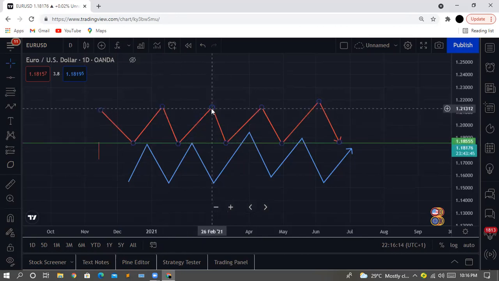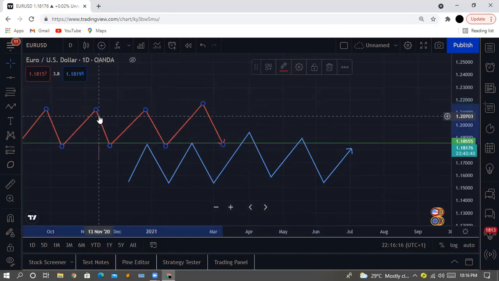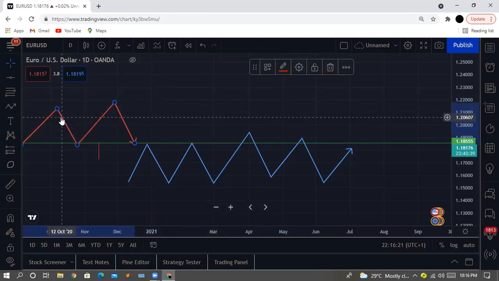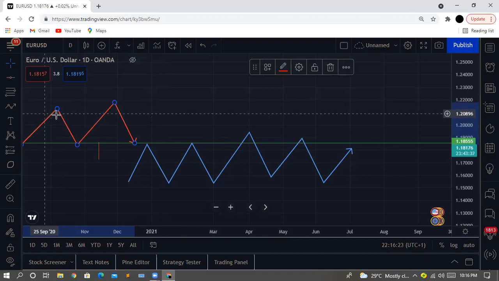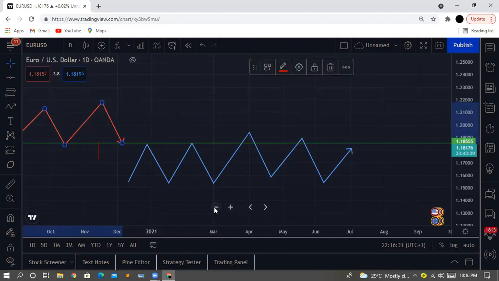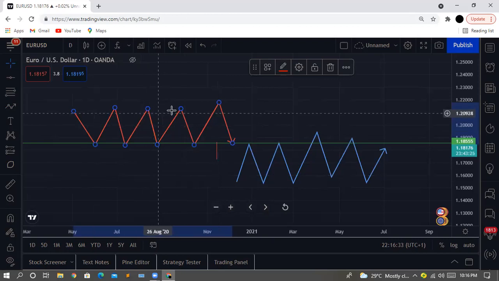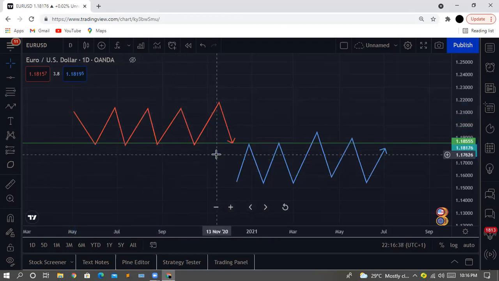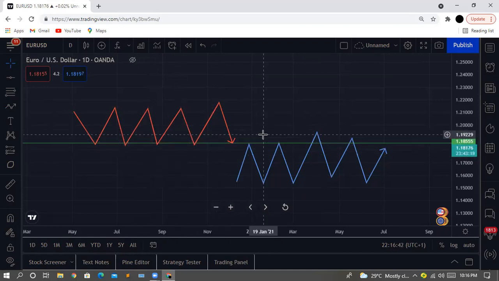This one is a history, something that has happened before. So you most likely see it like this, that it has respected this area before, and now it is coming here to respect the area again.